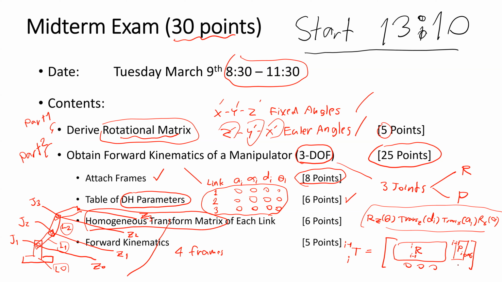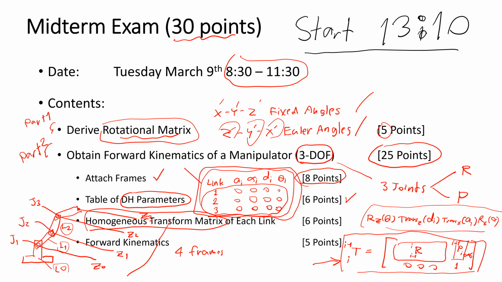We have the homogeneous transform matrix. Don't worry, in the exam, we will give this form of matrix. You don't need to remember it. Your task is to obtain the correct parameters and correctly put them into the form of the matrix, and you can compose the homogeneous transform matrix that corresponds to the link.